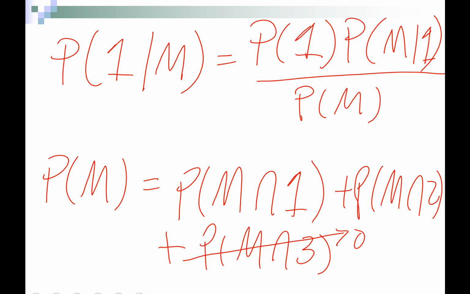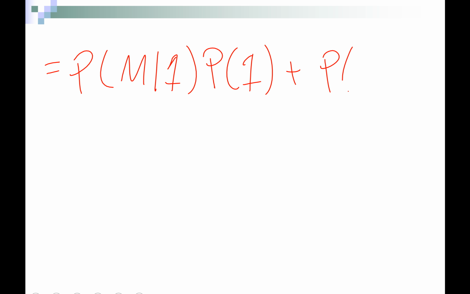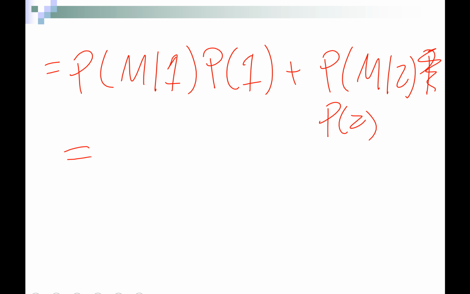So this is going to be equal to the probability of m given 1 times the probability of 1, plus the probability of m given 2 times the probability of 2. So we said this first one is a half. What's the probability of the money behind door number 1?